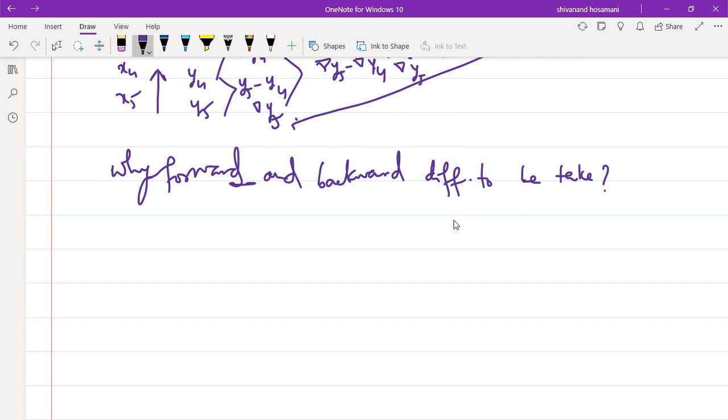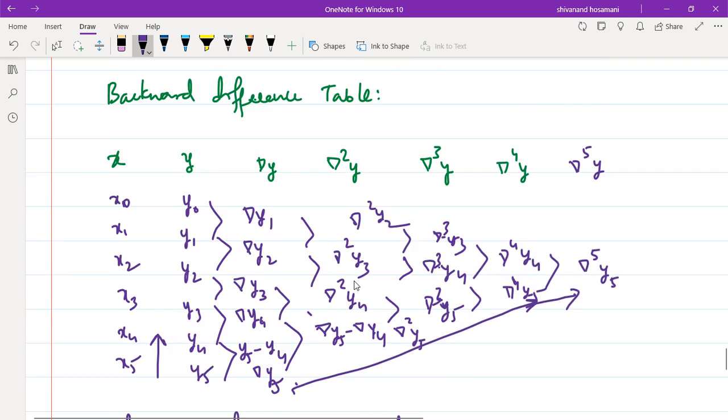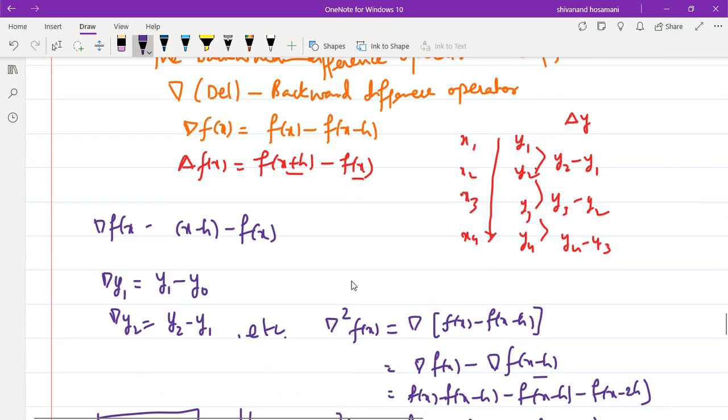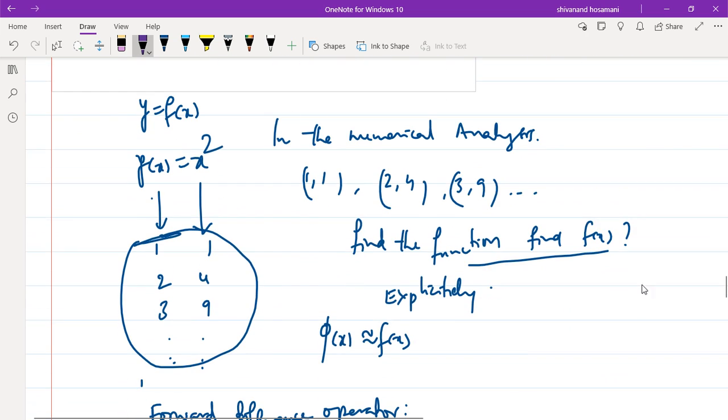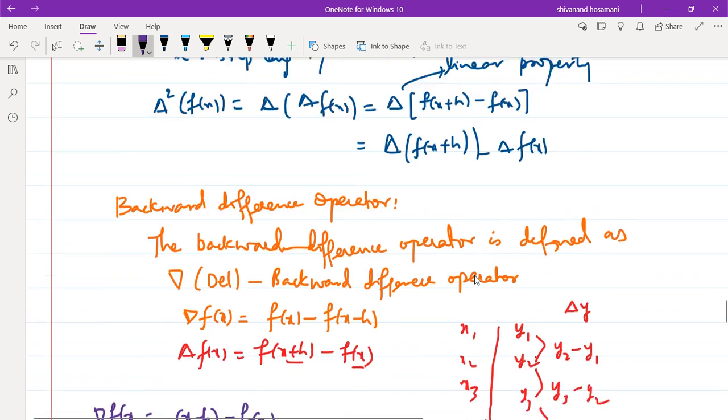To answer this question, as I said at the beginning of this lecture, the main purpose of numerical analysis is to find the function f of x explicitly. These x values and y values will be given, and we need to find this f of x. That's what we are going to do in numerical analysis.